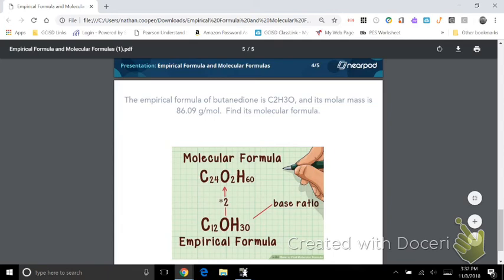So anyway, in the sentence we have the word empirical. When you see the word empirical, you always need to know that it is the simplest. We are going to check to see if we have a molecular formula or an empirical formula.